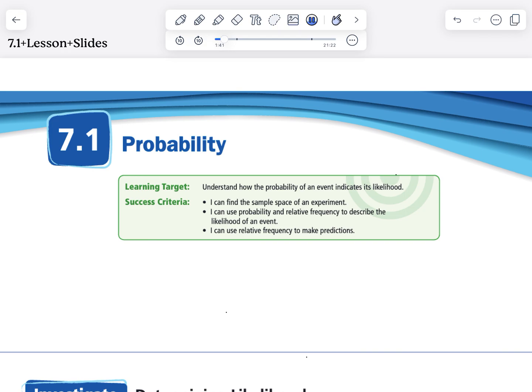I spun a red this many times. So if we go ahead and count them up, according to my results, does the data support my choice? And I would say yes, because we spun the color blue more than we spun the color red.